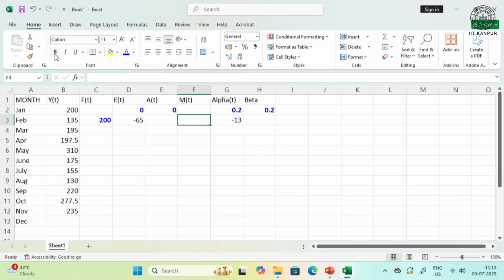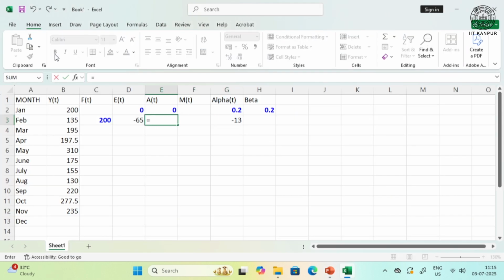So the calculation in this G3 cell is not correct. At, the next term, would be beta into et plus 1 minus beta into at minus 1, which is 0.